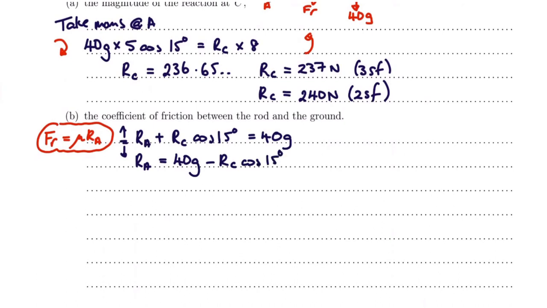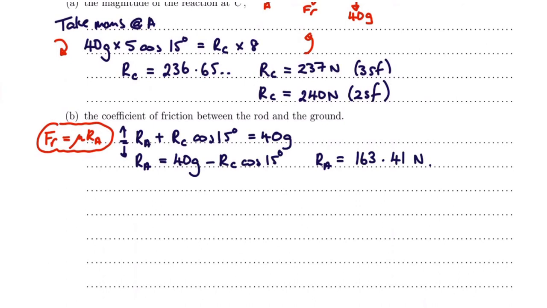And of course we found RC in the last part, part A, so I'm going to put that in, using a more accurate answer than 2 or 3 significant figures, and it comes out as 163.41 newtons, to 2 decimal places or 5 significant figures.